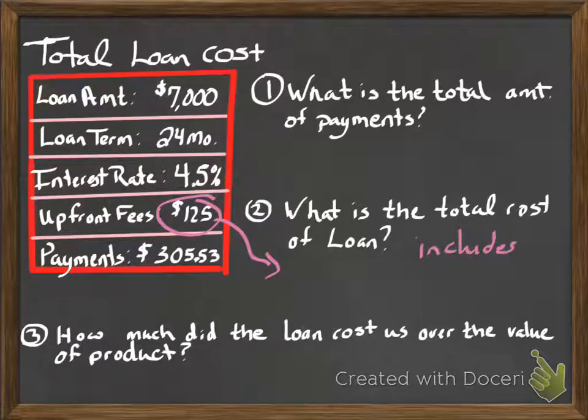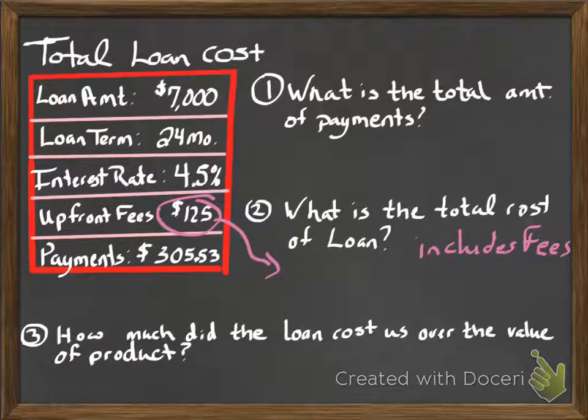How do you think we'll calculate the total amount of payments that we're making? We're making $305.53 each month. We're doing this for 24 months. What do you think you might do with those things? When you're doing repeated addition, what would it be called?